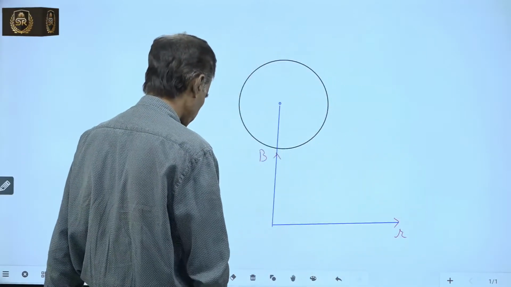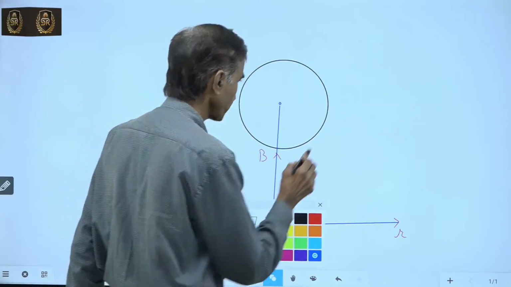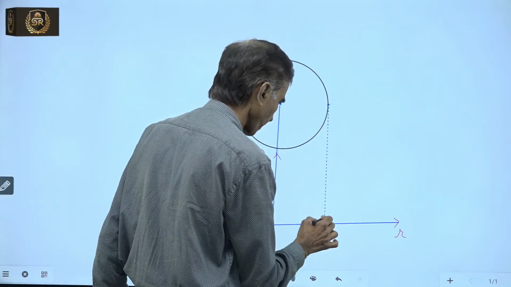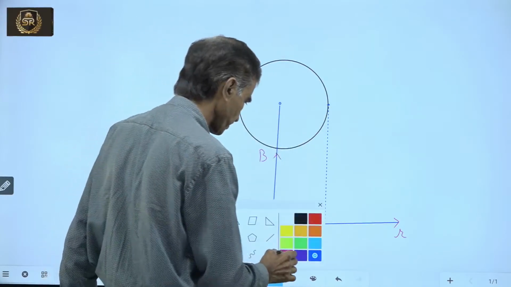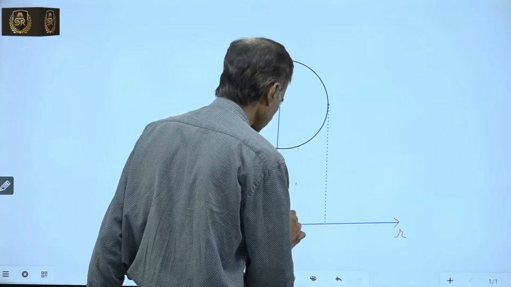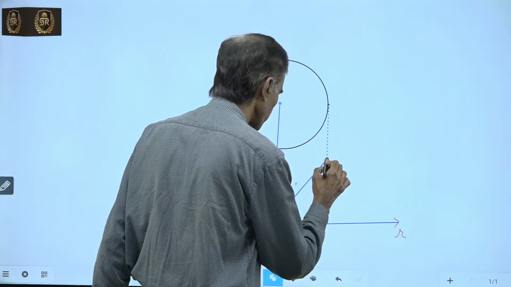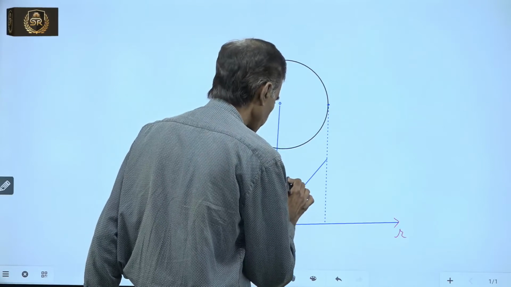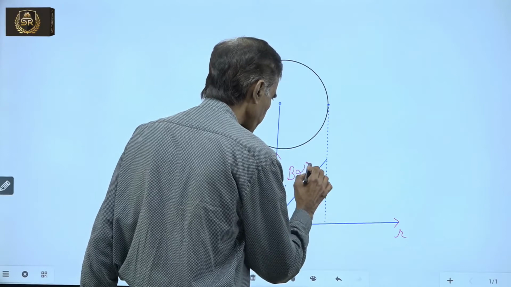So up to surface, we will take first. Up to surface, what do we have? It changes linearly. So B is proportional to r.